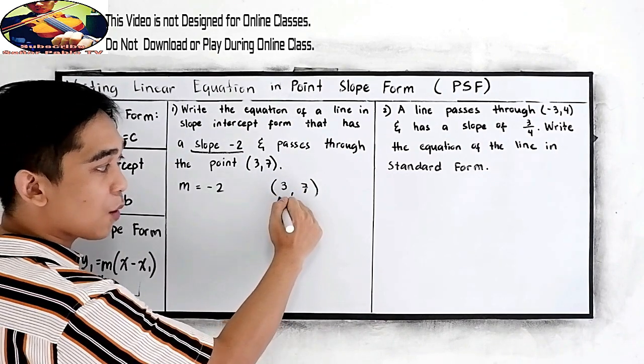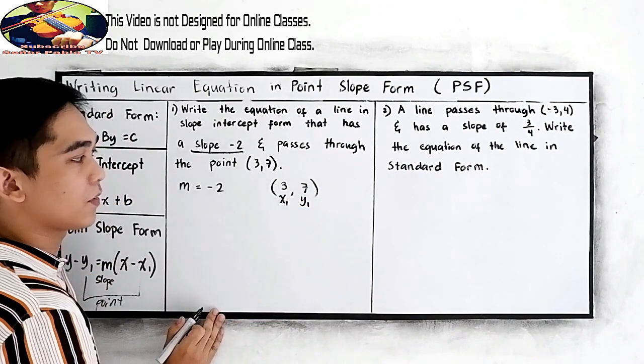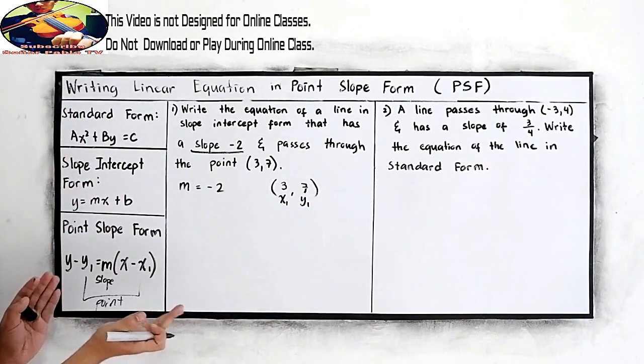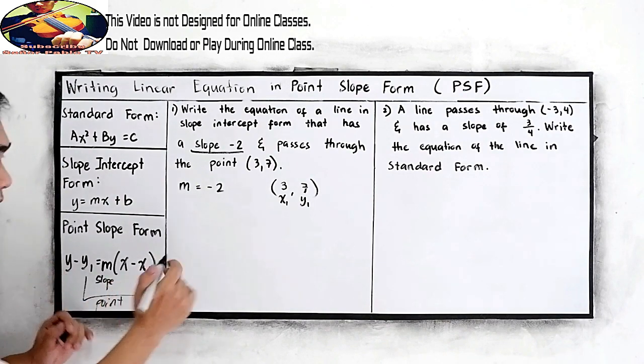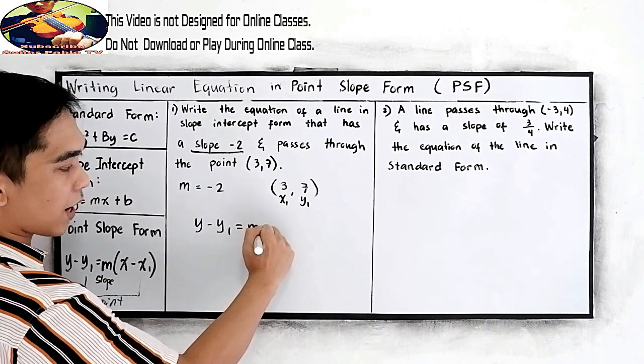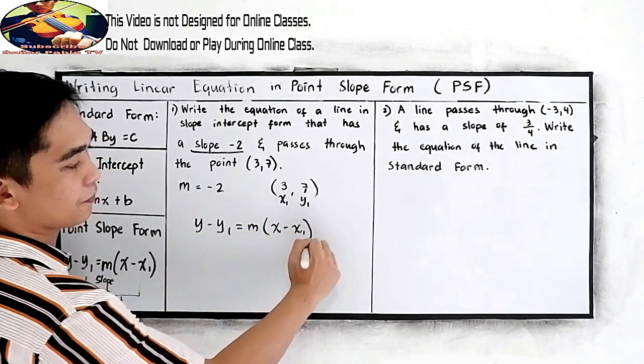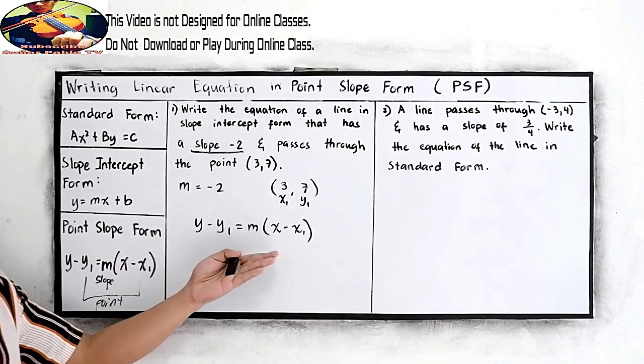So this will be our x sub 1 and y sub 1. Copy our formula. Y minus y sub 1 is equal to m quantity x minus x sub 1. Okay. The point slope form.